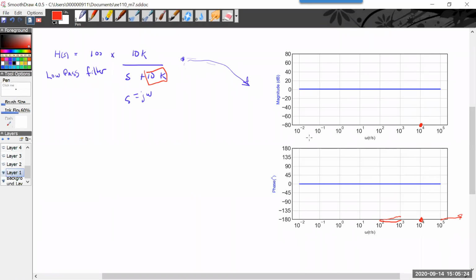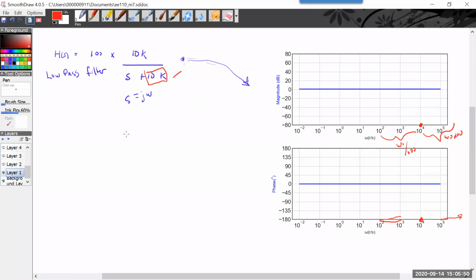So even though I put in all this detail, I pretty much need 100 times less than the pole, or whatever, and we'll call it omega naught, divided by 100, and omega naught times 100.